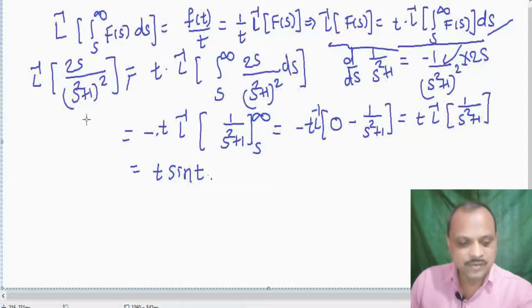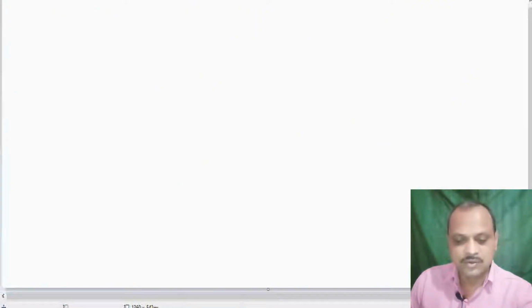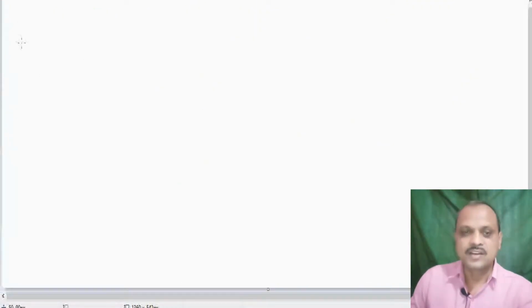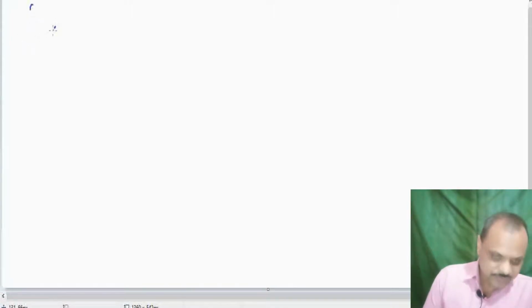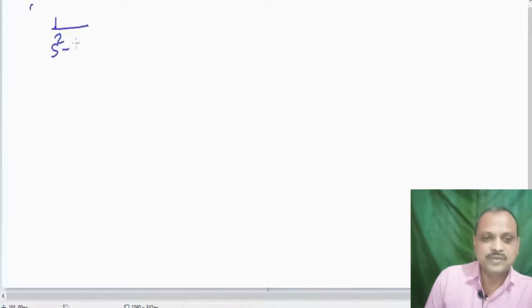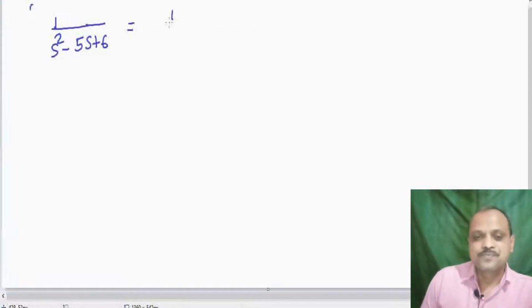Now let us see how to apply partial fractions in finding the Laplace inverse. Whenever we have to find the Laplace inverse of 1 divided by s square minus 5s plus 6, here you can see that we have two factors, s minus 2 and s minus 3.